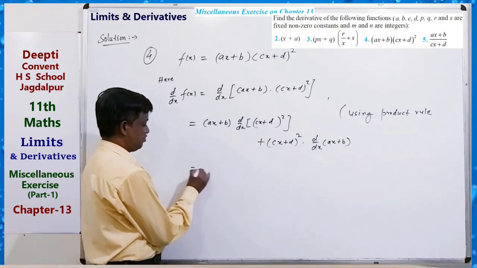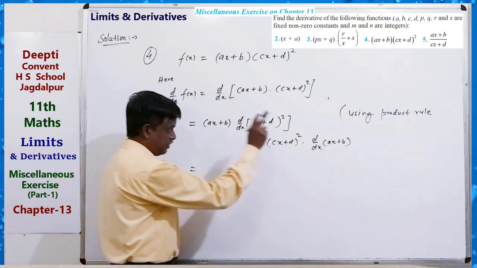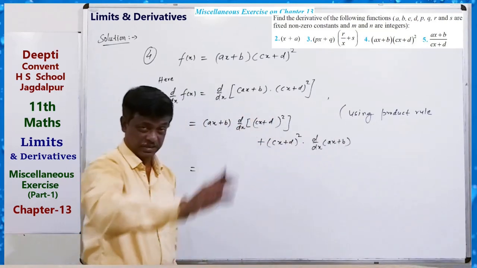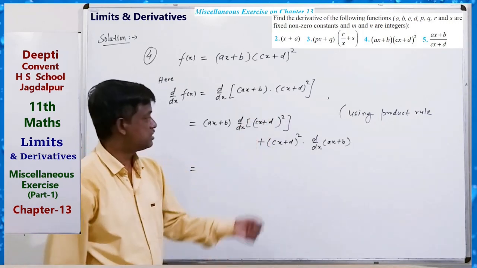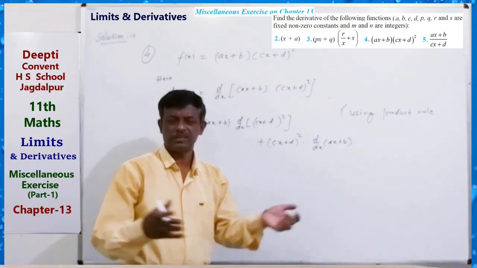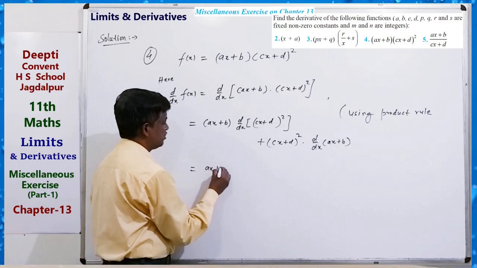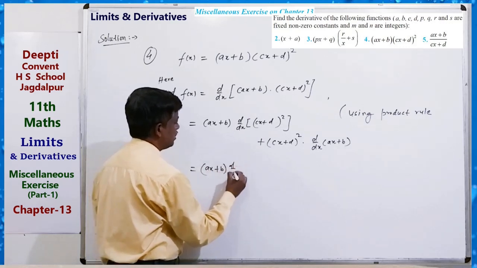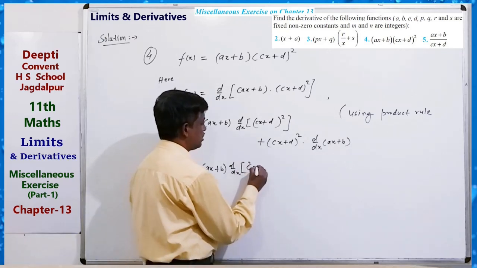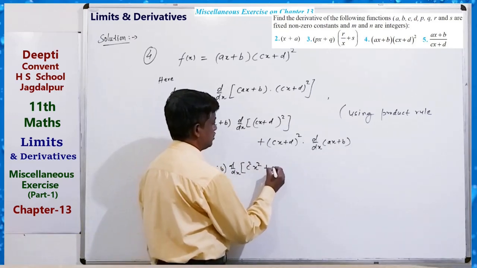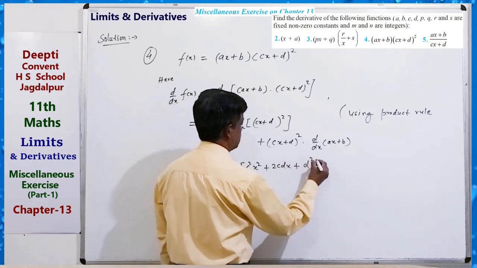So here we can solve it by differentiating, distributing and differentiating. But here (cx + d) square, its derivative can be found by converting it into a polynomial function by the square formula. So just do it. (cx + d) square, and we get as a formula what? c square x square plus 2cdx plus d square.